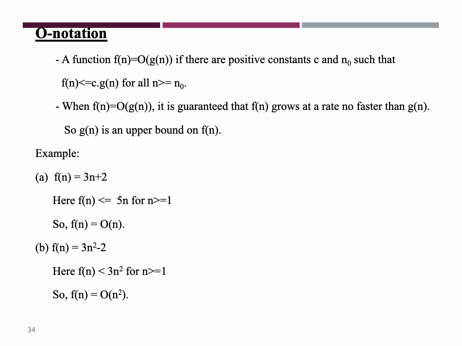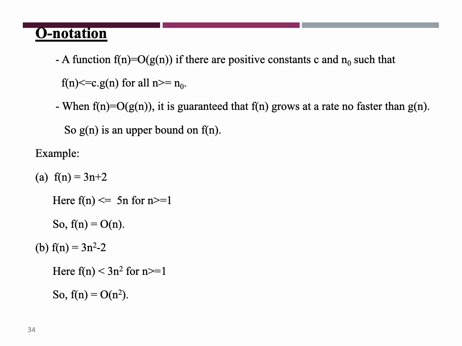In example 2, we have f(n) = 3n² − 2. Here f(n) is less than 3n² for n ≥ 1. Thus, we can write f(n) = O(n²). The quadratic term 3n² dominates as n grows larger, while the constant −2 becomes irrelevant for large values of n.